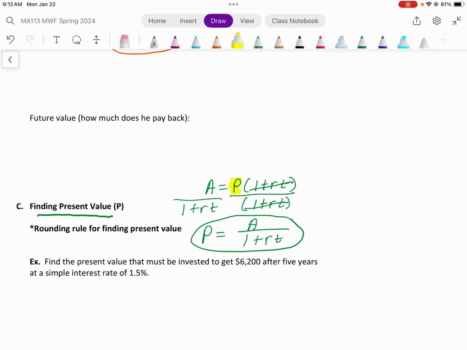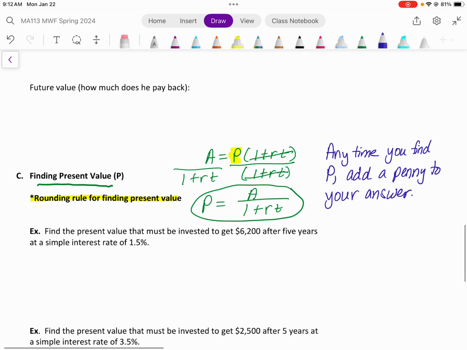Okay. There's a rounding rule for finding present value. Anytime you're finding P, you're going to add a penny to your answer.